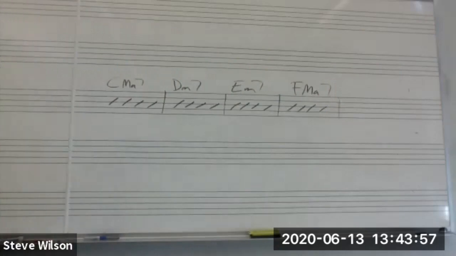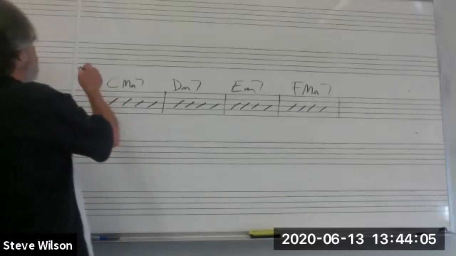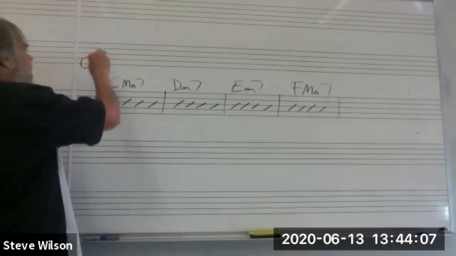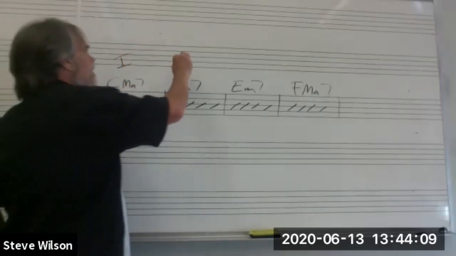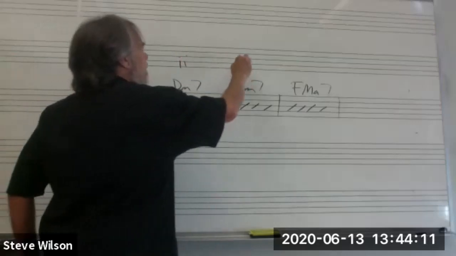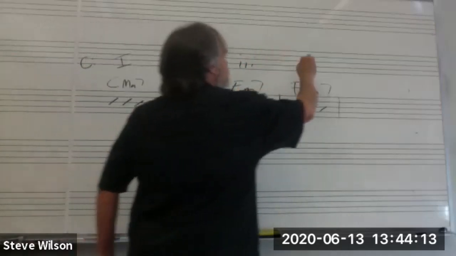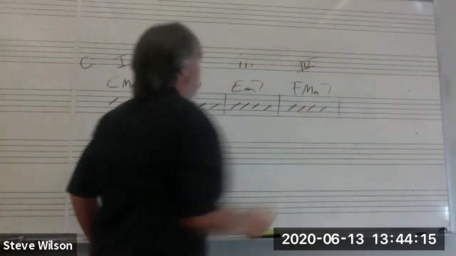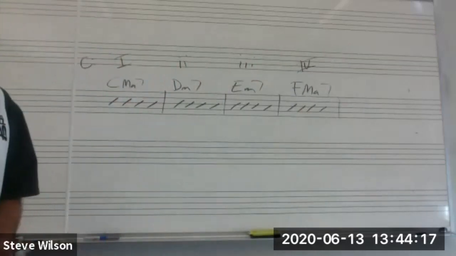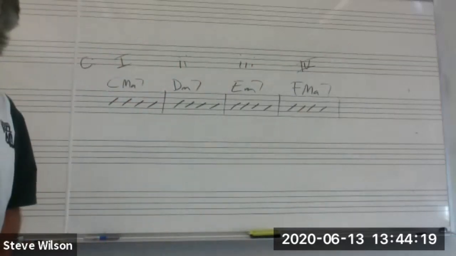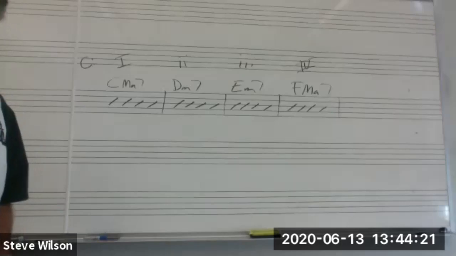Sounds like this. I'm in the key of C. This is a 1 chord. This is a 2 chord. You can put the 7 on or not, it's your choice. That is a 1, 2, 3, 4 chord progression in the key of C using seventh chords.